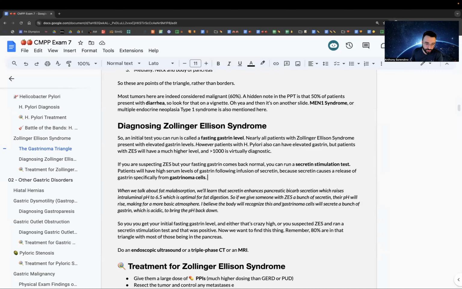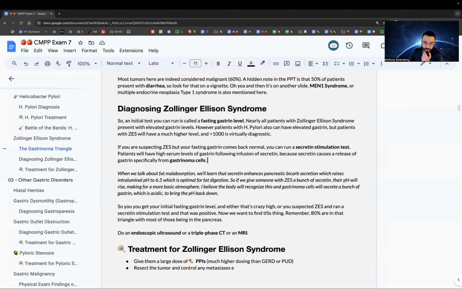If for whatever reason you're suspecting Zollinger-Ellison and your fasting gastrin comes back normal, you can run a secretin stimulation test. Patients will have high serum levels of gastrin following an infusion of secretin, because secretin causes a release of gastrin from gastrinoma cells.